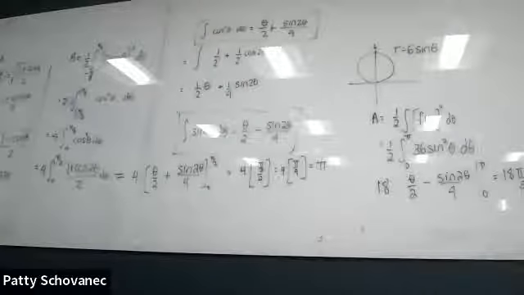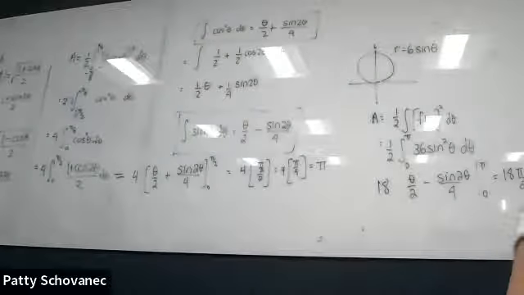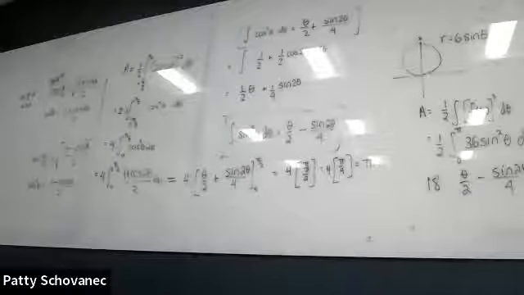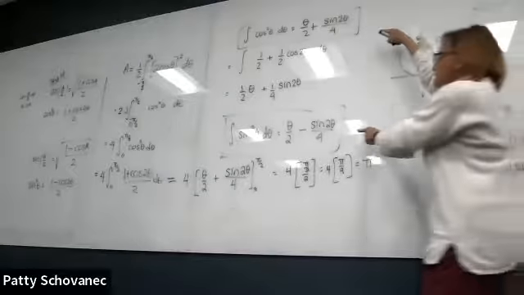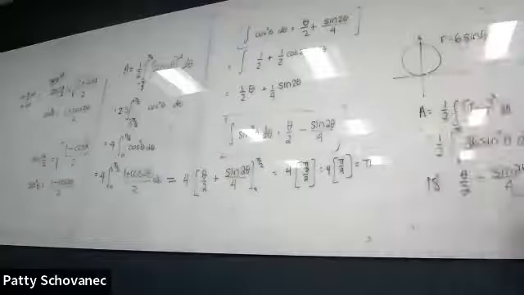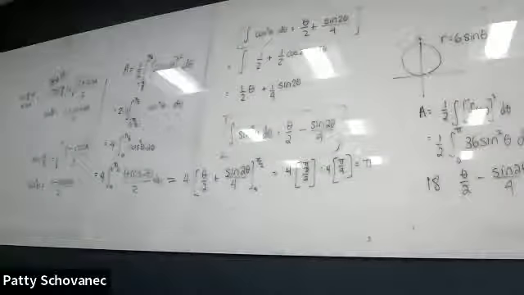What did you miss? Did you miss that? Those are the formulas, right? Those are the formulas for the sine squared of theta, cosine squared of theta. Then we integrate them. I'm sorry about this.